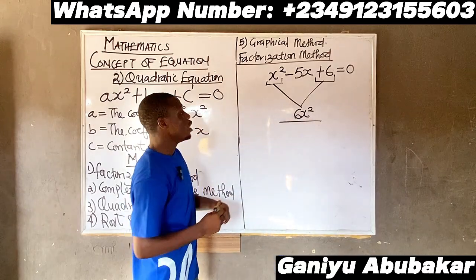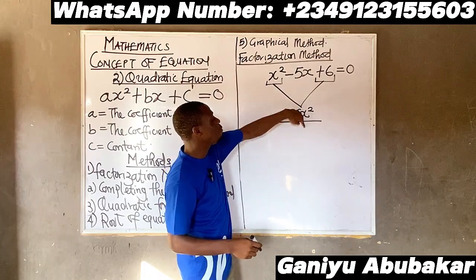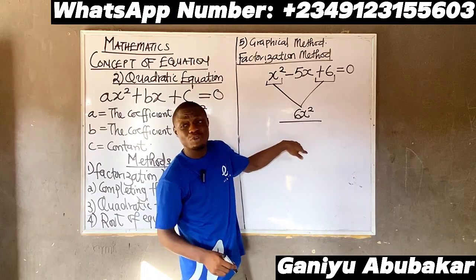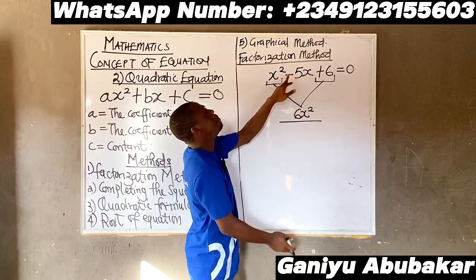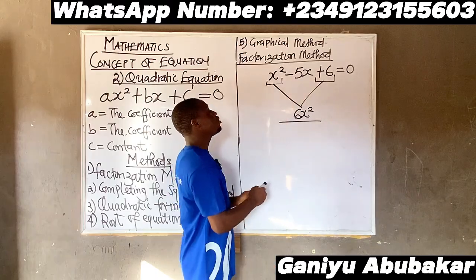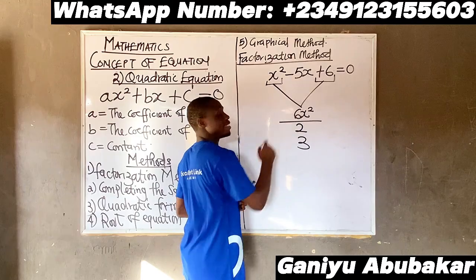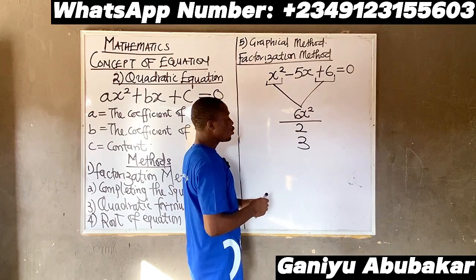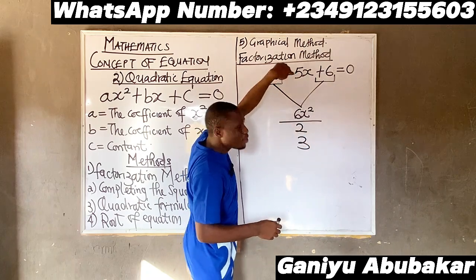After that, draw a line this way. Why am I drawing a line? Because I want to look for two values that, if they multiply each other, give 6x squared, and if they add up, give minus 5x. If you check properly, 2 times 3 gives 6, and minus 2 minus 3 gives minus 5.